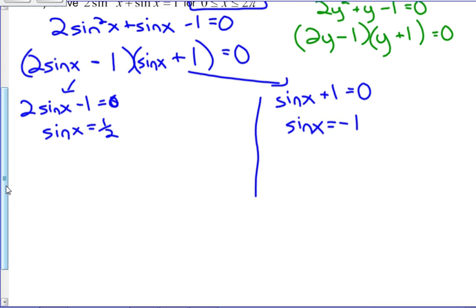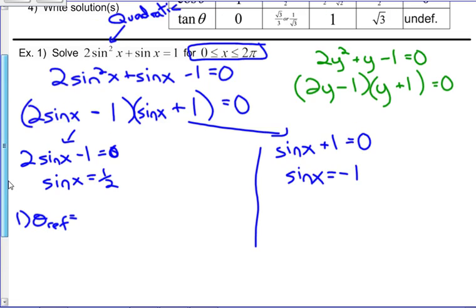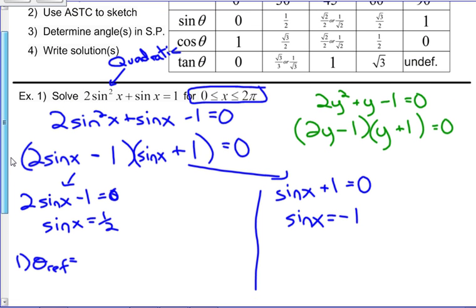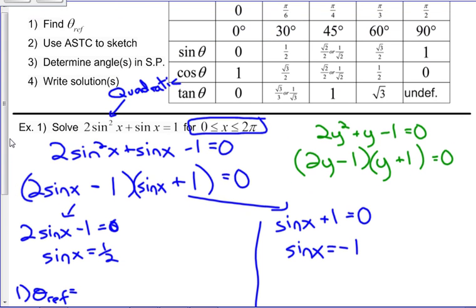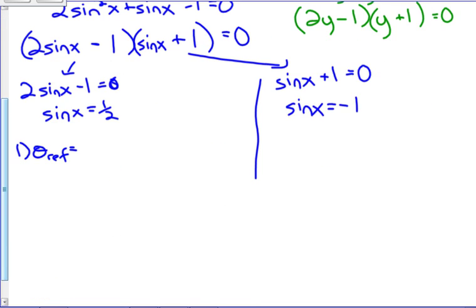All right. Now, we just need to solve each of these. We're doing it in radians, and it's the same method that I would have had before. Theta ref. Where is sine x a half? We've solved this a bunch of times. We know that it's at pi over 6. Okay. Sine is positive in these quadrants. And I combined steps 2 and 3 there.